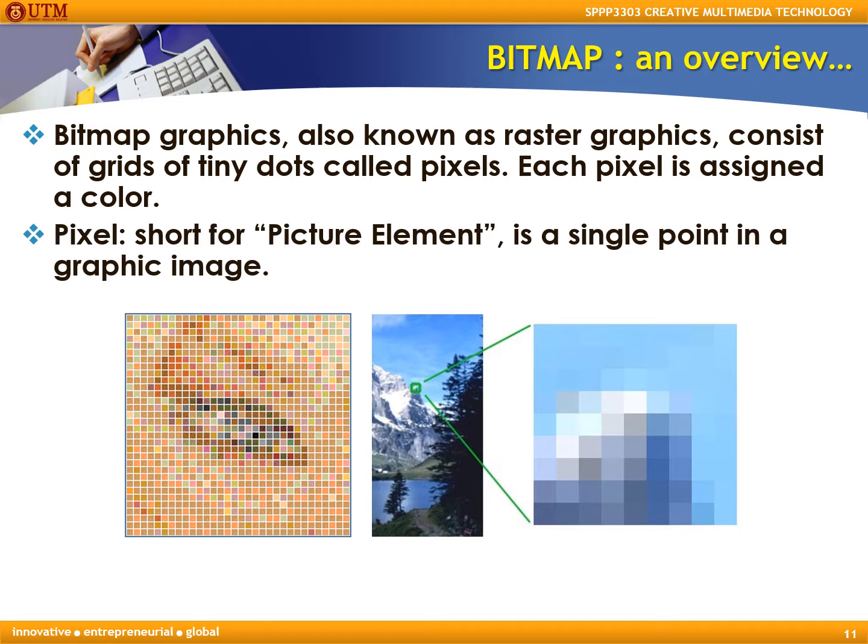So whatever image you see, whether it's a photograph from your camera or your phone, it actually consists of very tiny dots called pixels. When you enlarge the image, you are going to see at the edges of the picture that it consists of these dots, or pixels.